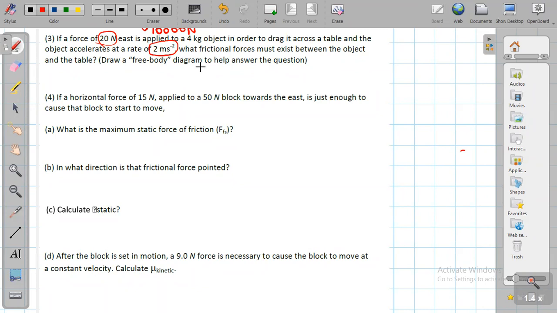You don't know this part yet, but what is the frictional force that must act between the object and the table? Draw a free body diagram to help. If you know the basic knowledge of Newton's second law from your O level, you can do it. If you don't, just leave it. So we better leave this.